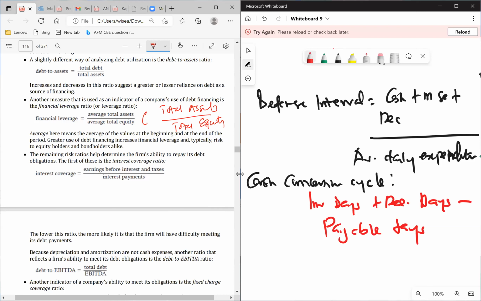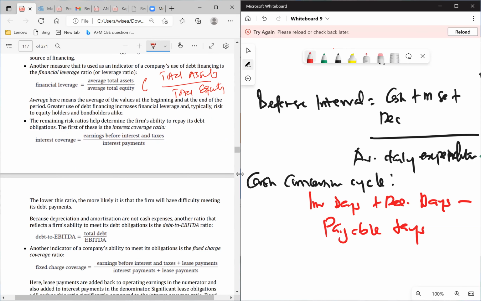So if you have higher financial leverage, it means that much of your assets are being financed by debt.